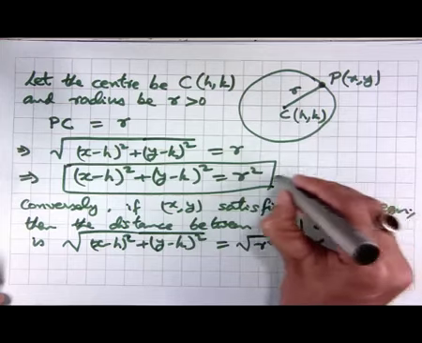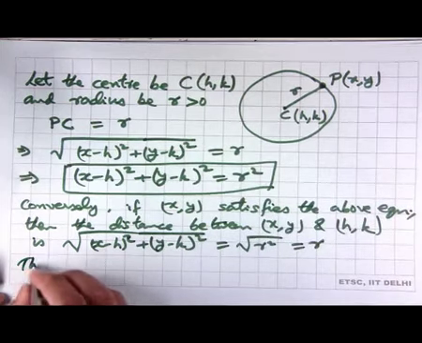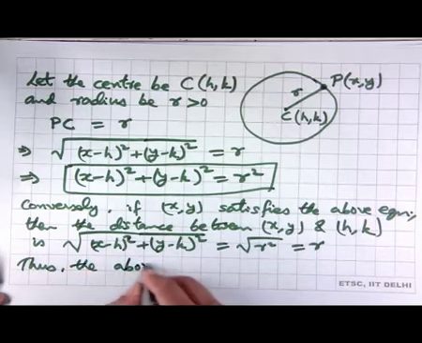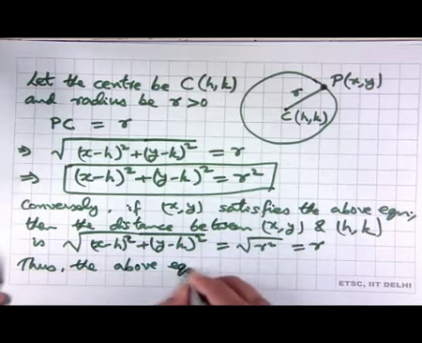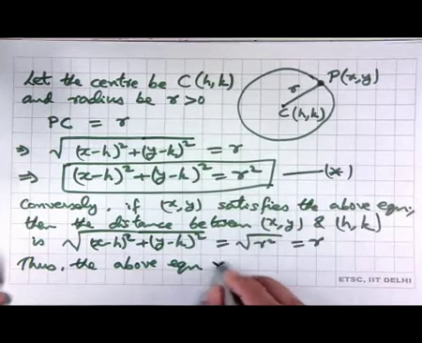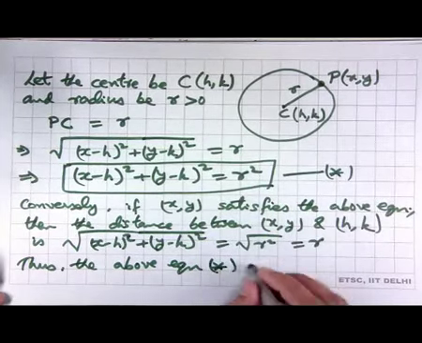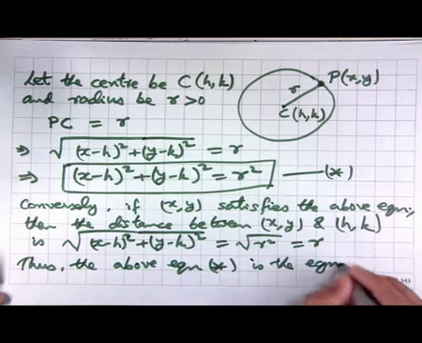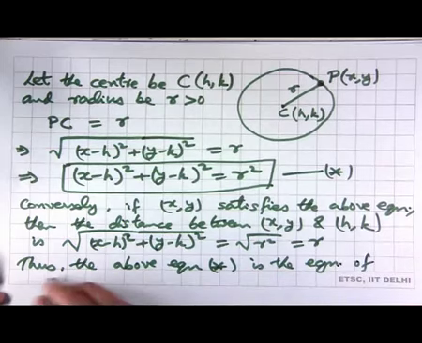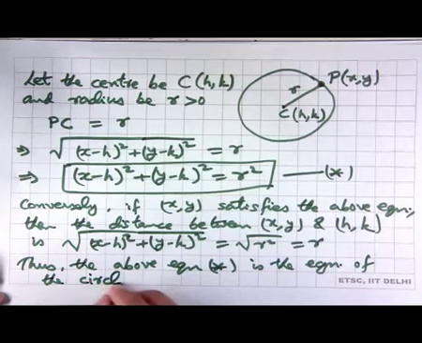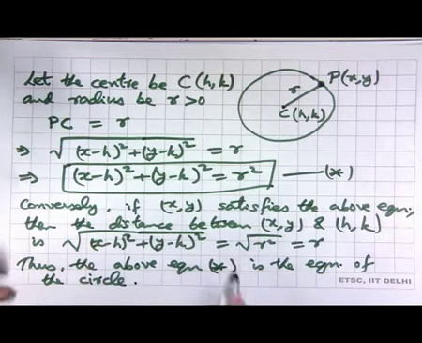Thus, the above equation, let me call it equation star, is the equation of this circle whose center is at h comma k and radius is r.